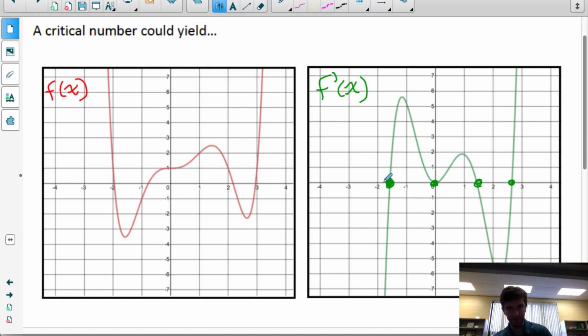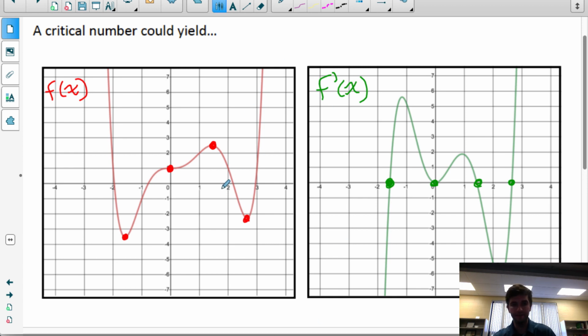This is about negative 1.5, a little bit more. This point here has the same x value as that x value on the derivative that has a y value of 0. This x value here is 0. If I go to the original function, there we go. And this x value is about 1.5. Go to the original function, the same corresponding x value, the original function is there. This is about a little more than 2.5. It corresponds to this point here.